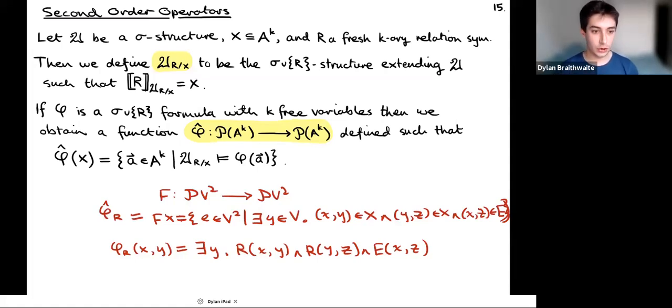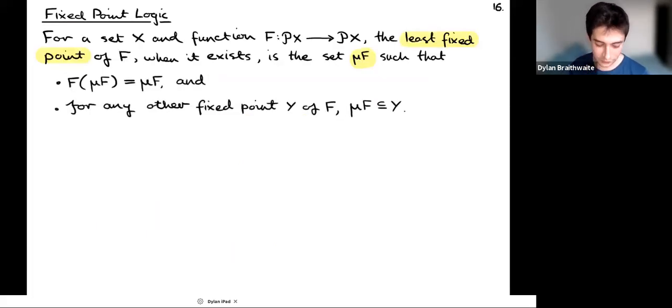And so now we want to consider adding the ability to compute fixed points of that to the logic. In case anyone doesn't know, a fixed point, for some sort of ordered set like this, and here I'm considering the order by inclusion, is just some set, usually written mu of the operator, where applying the function to it doesn't change it, and for any other set with this property, this is a subset of the other set.